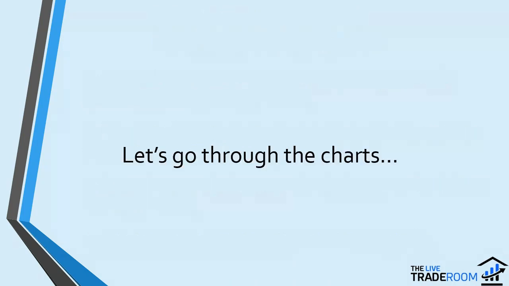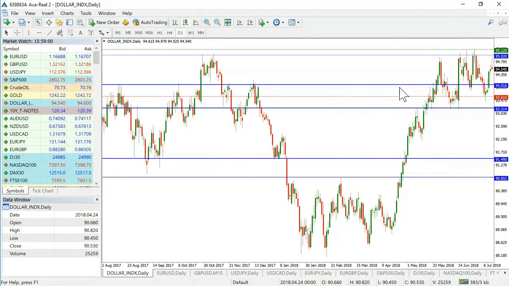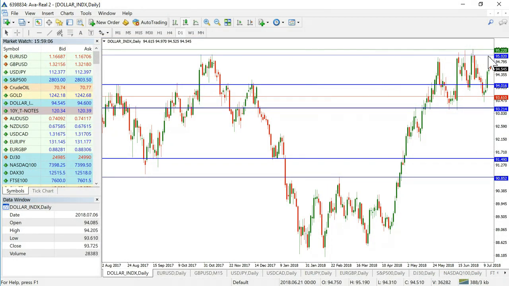Okay, so let's go through the charts then. I shall get this up on the screen. There you go. So let's start with the dollar index. We've spoken many times about the 95 level and the importance of this level, and you can see the importance again today.